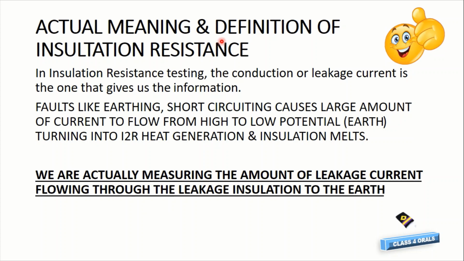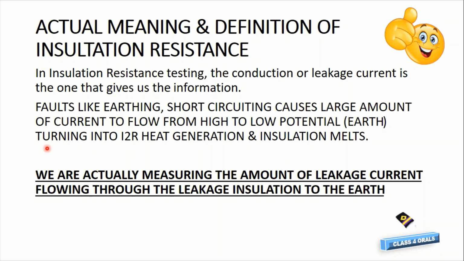The actual meaning and definition of insulation resistance: in insulation resistance testing, the conduction or leakage current is the one that gives us the information. Faults in the windings, cables and wires, like earthing or short circuiting, can cause a large amount of current to flow from high potential to low potential, that is earth.